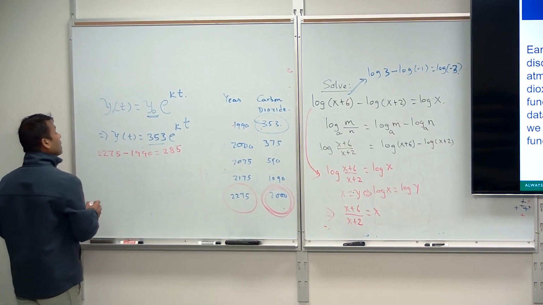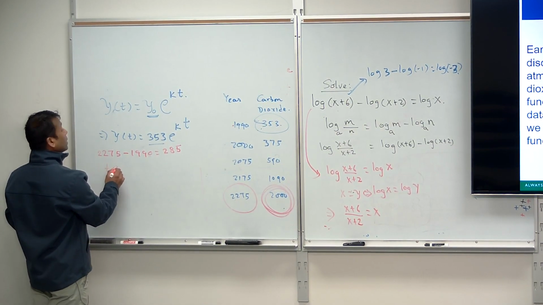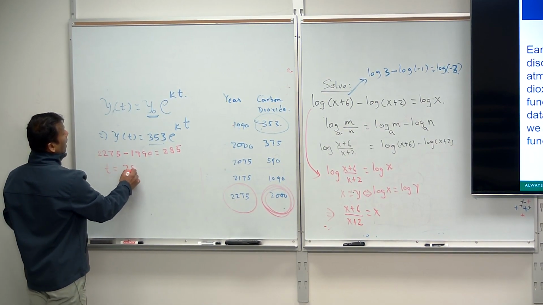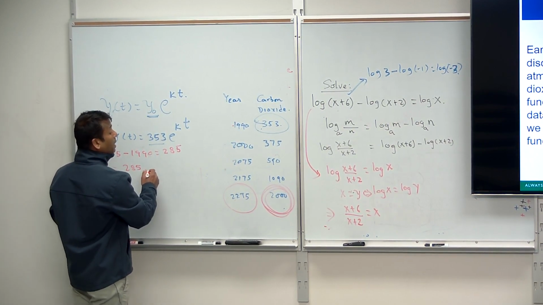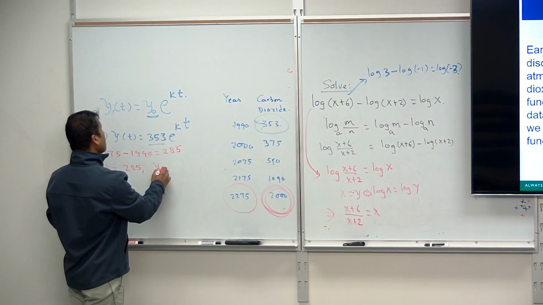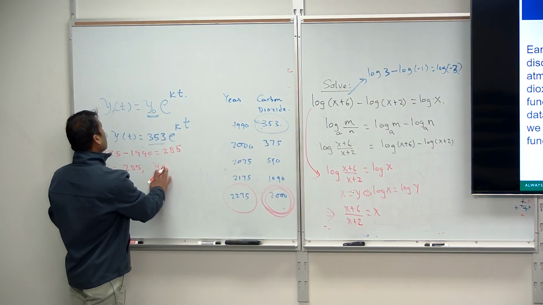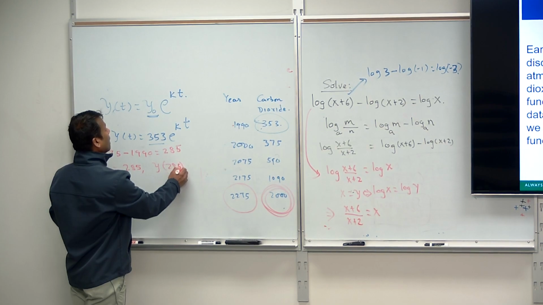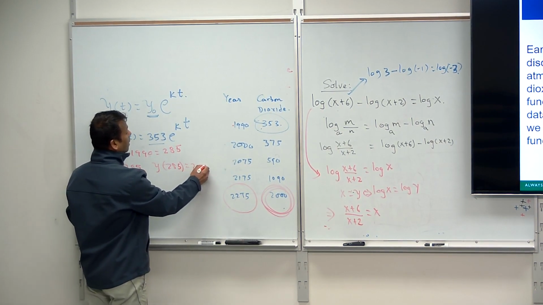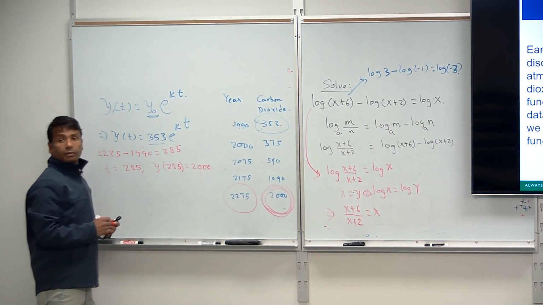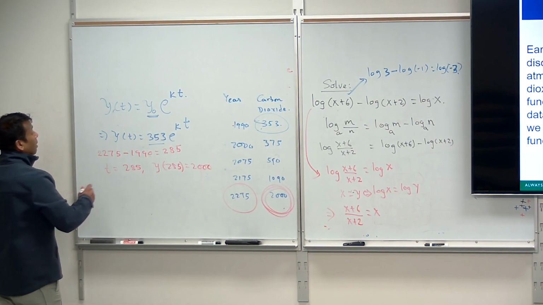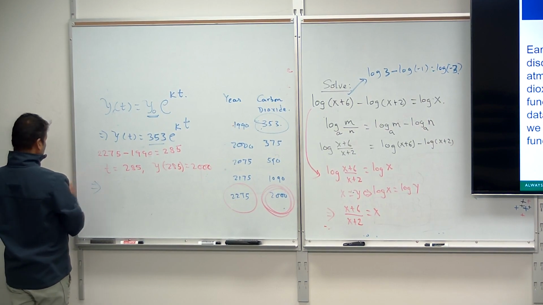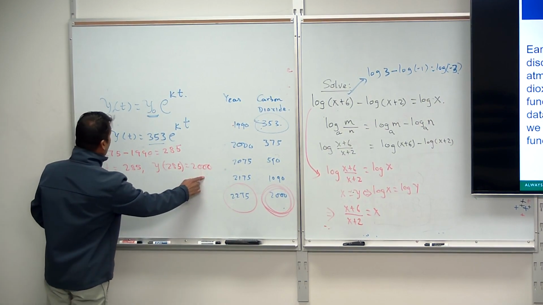So that means t equals 285. After 285 years, how much will the carbon dioxide be? So you can write y(285) equals 2000. Makes sense? So you plug in 2000 for this one.